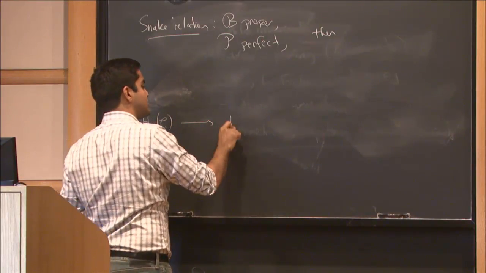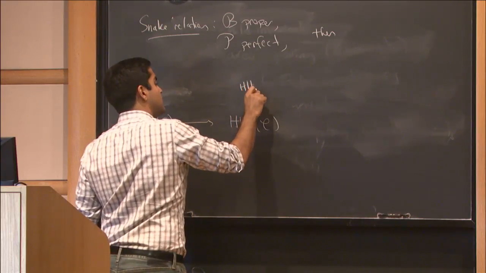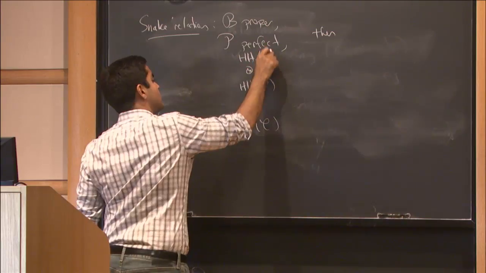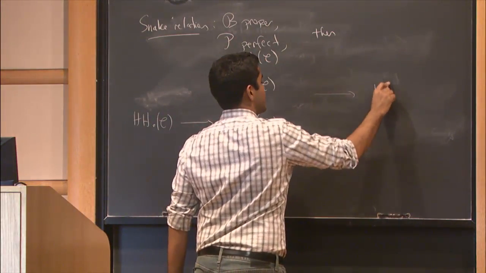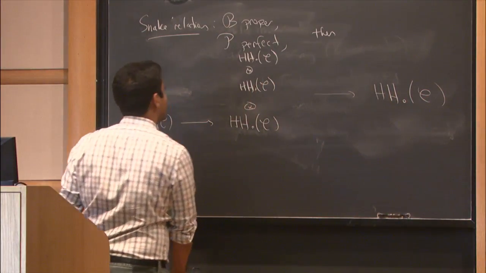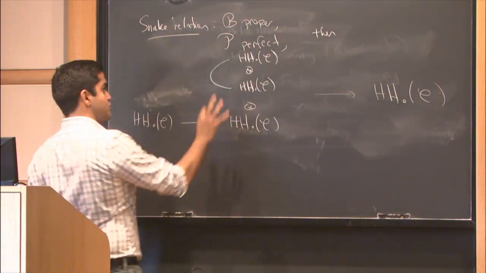And there's a map from Hochschild homology to the triple tensor product of Hochschild homology to Hochschild homology again. Okay, which does the following thing. First, you introduce 2 copies of Hochschild homology.